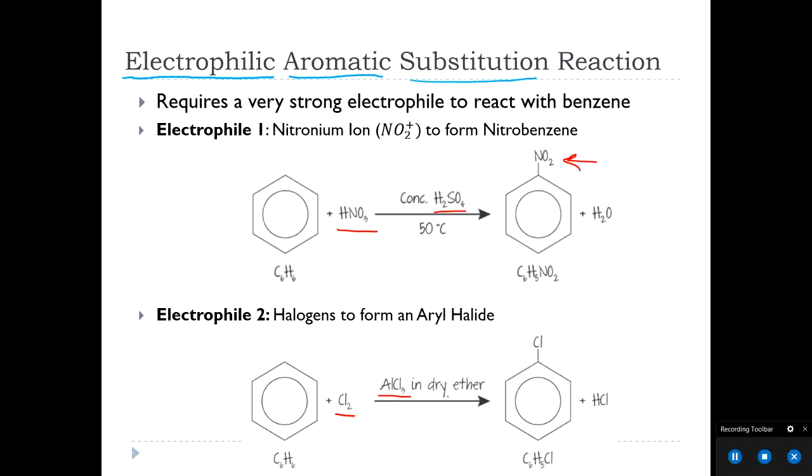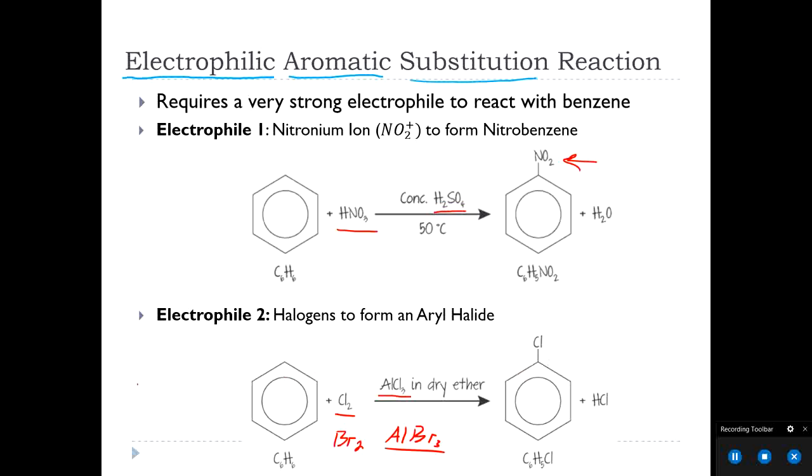So ether just being a solvent in this case. Dry means without water. Okay, so we take our chlorine, our benzene, and we can get chlorobenzene. Okay, if we were to use, for example, bromine in this reaction, then we would have to use aluminum bromide as our catalyst in order to brominate the benzene instead of chlorine. So the catalyst does change depending on what you're trying to add.